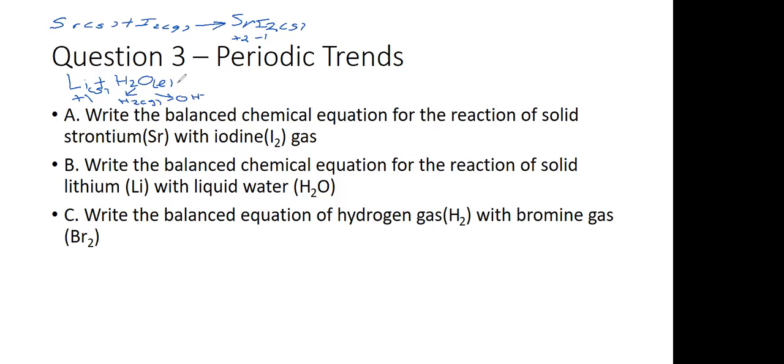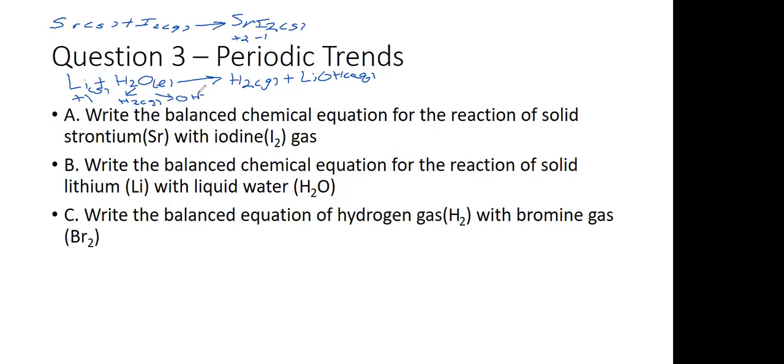So let's take a look at what that's going to be, right? So we have hydrogen gas, because we said that's one of the products, plus now lithium is going to make a +1 ion. We're going to have hydroxide make a -1 ion. So those are going to come together for lithium hydroxide, probably aqueous because we're in water here.